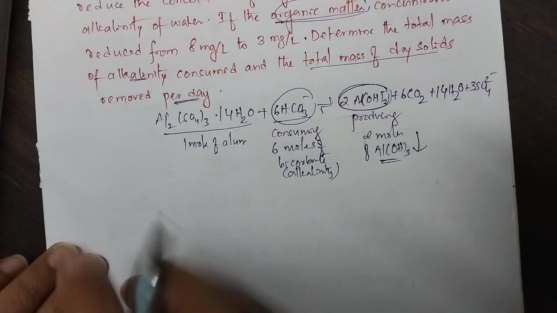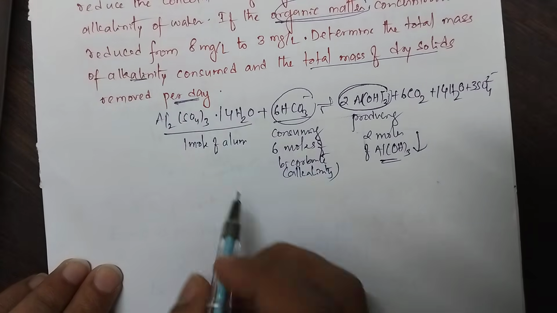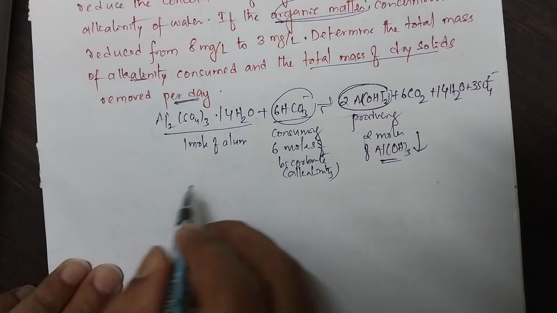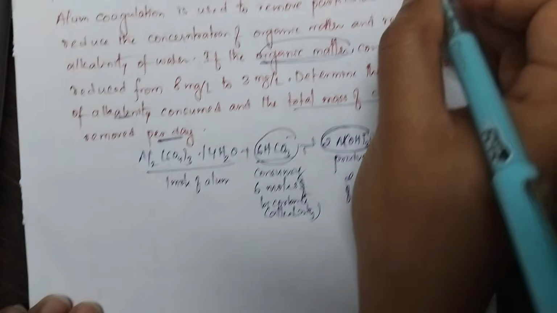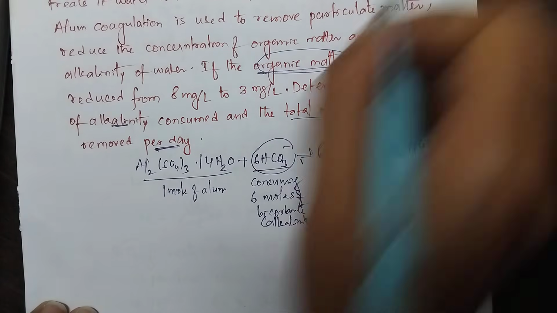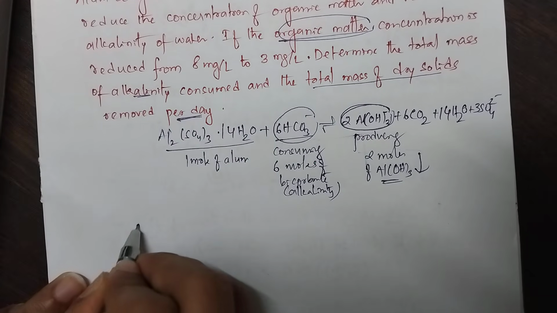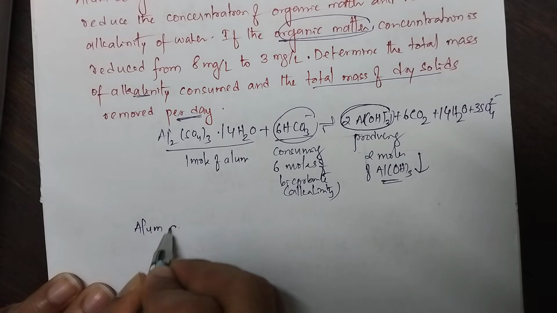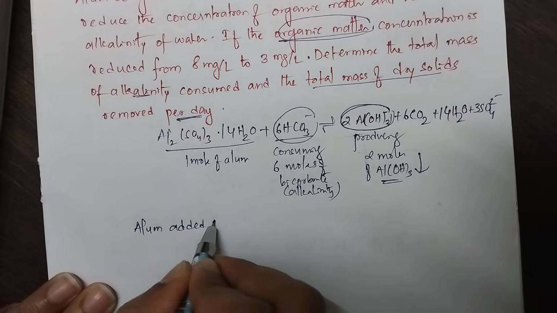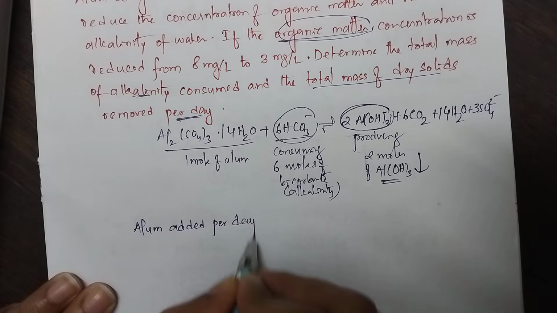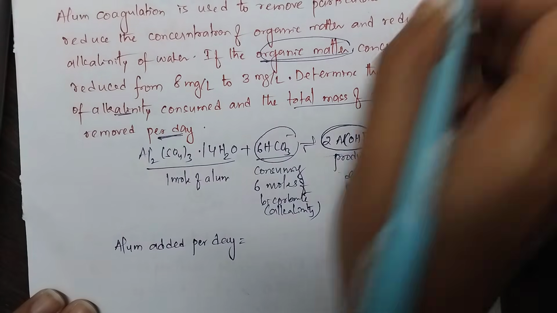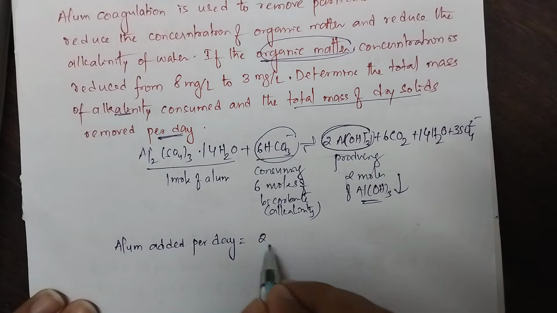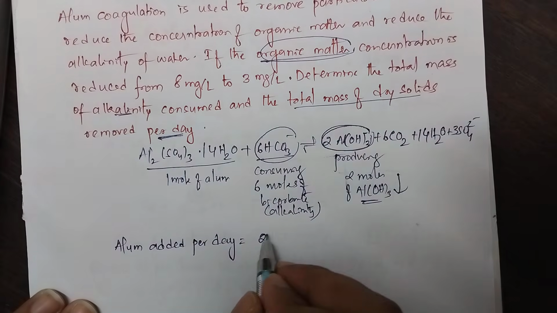Okay. So as we can see from the equation, alum added is at the dose of 25 milligram per liter. So in every liter 25 milligrams is added.